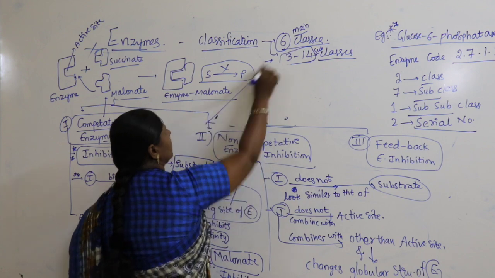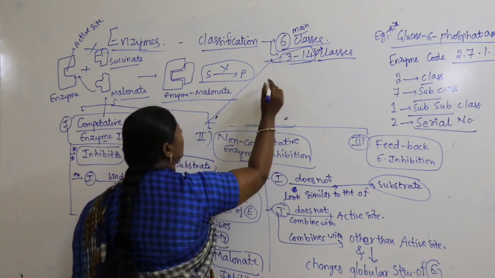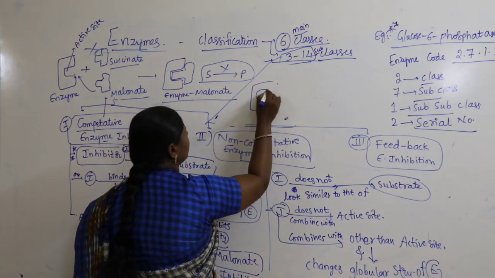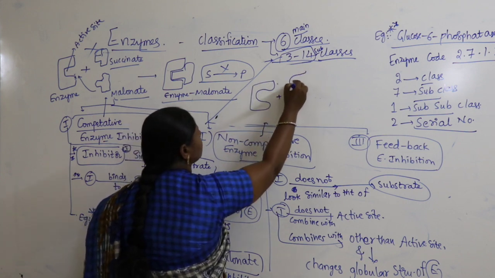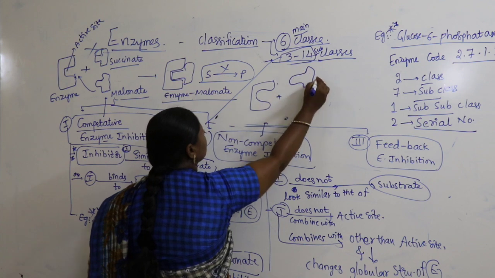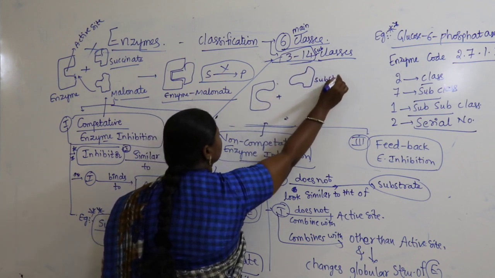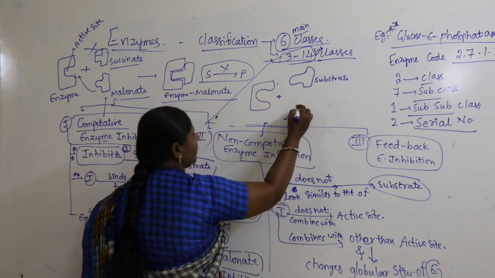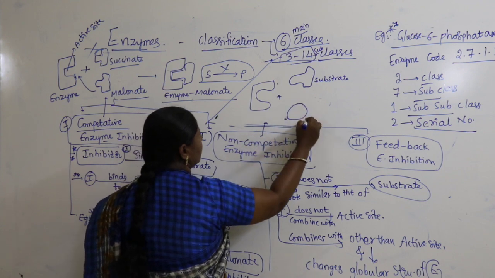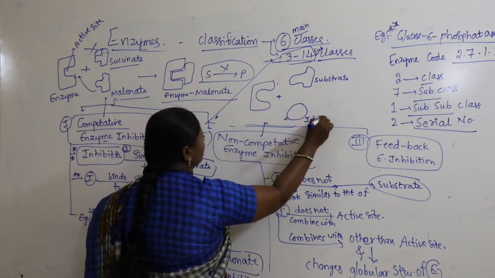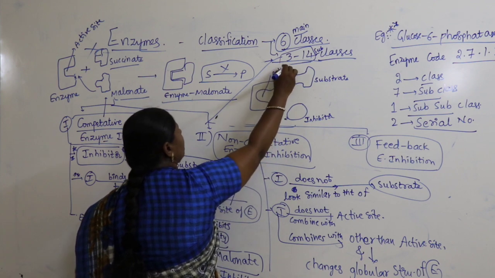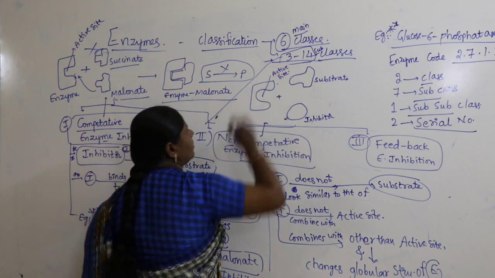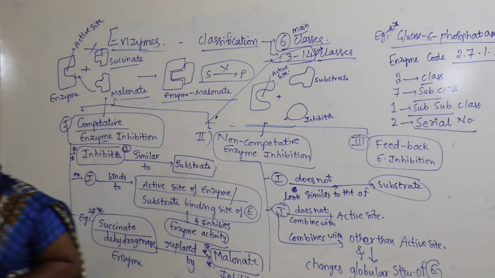Let us take once again the example. Imagine this is the enzyme. This is the substrate. Let me take an example. This is the inhibitor. As usual, you know this is the active site.